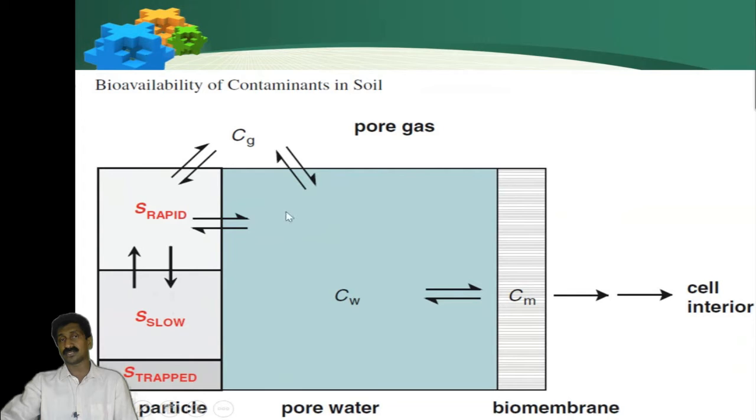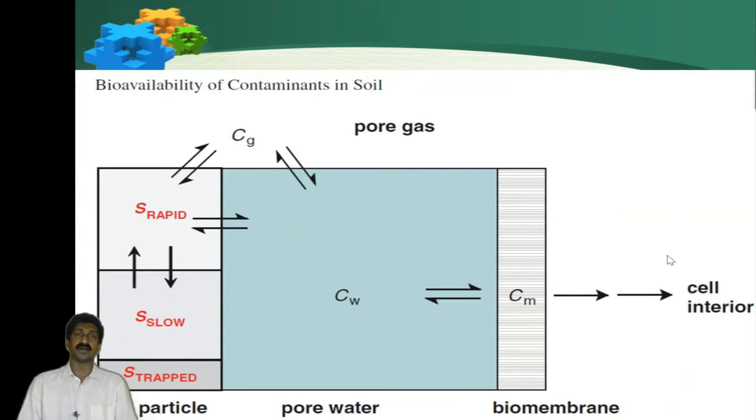So from the high concentration, there will be transport of these contaminants into the cell, and these concentrations depend on the solubility of this compound in the gas and water phase, and decide how much concentration of this contaminant is available in the cell interior for biological action or biodegradation.